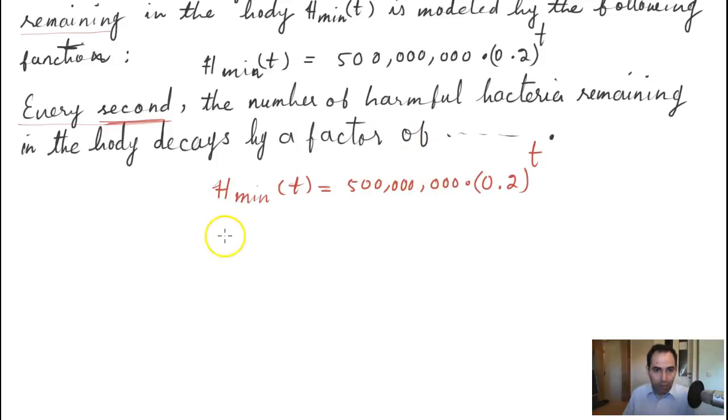So in order to do that, I construct another function h of second of t, and I don't have to make any changes to these numbers. So 500 million is the initial value of the function, times 0.2, and then here it's still the same function as I had over here, right?